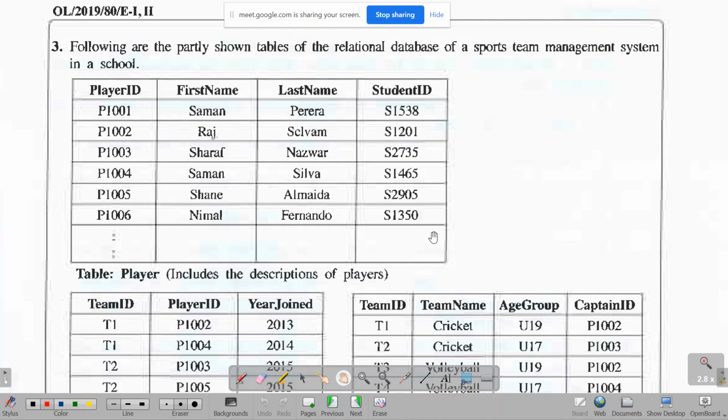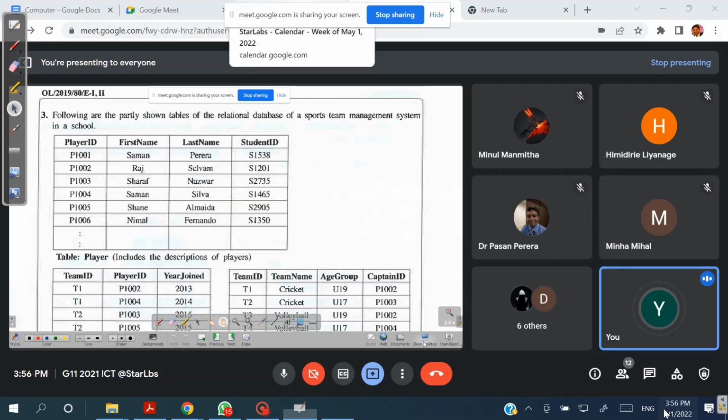We have been given three particular tables, and they are asking us to answer the questions using these three. Okay, people, just give me a second.